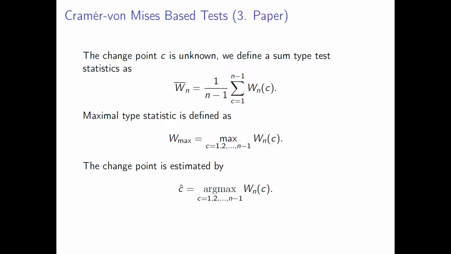And another one is a maximal type test, where we look at the maximal value for the Wn as we vary the change point c. And we also defined the estimator for the change point through the second test statistic, Wmax. We look at the argument that achieved the maximum, and that gives us the estimator for the change point.